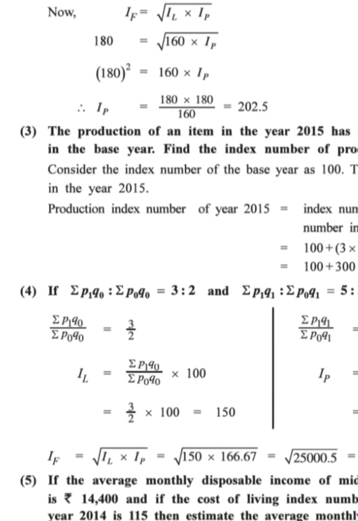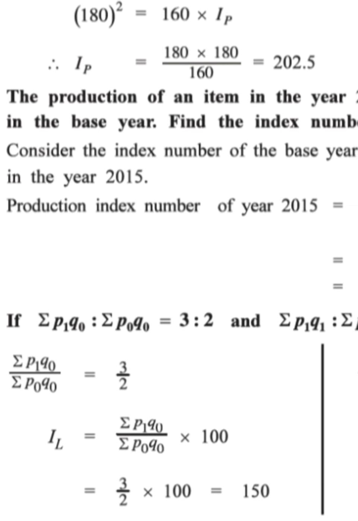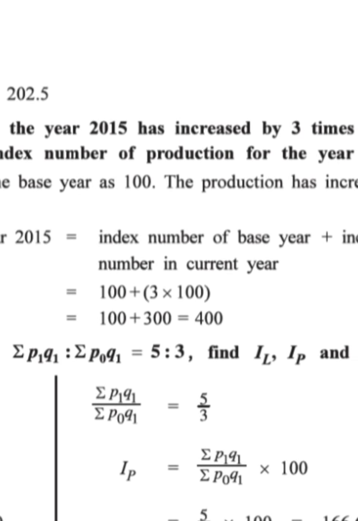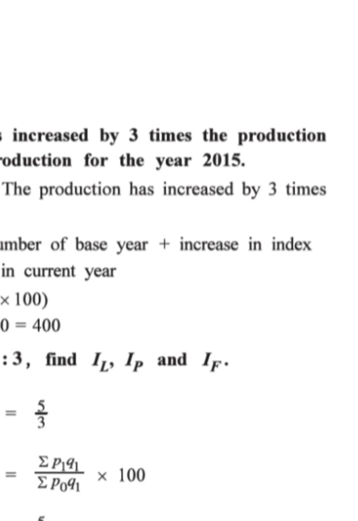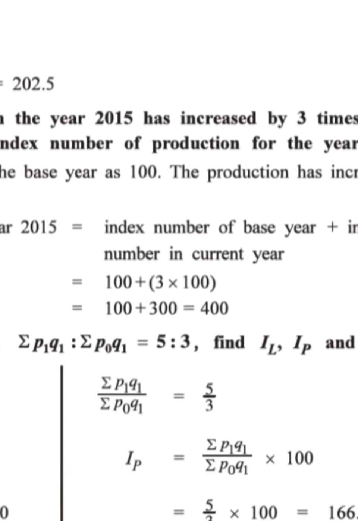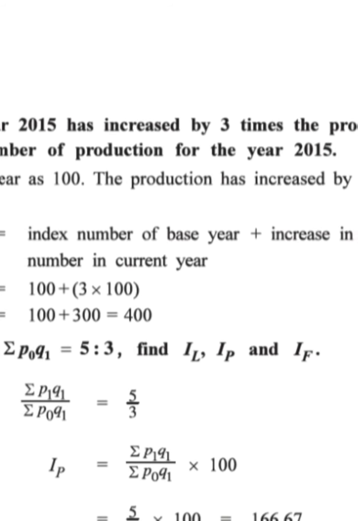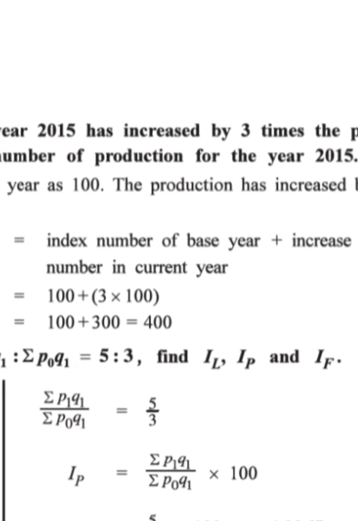To find out the index number for the current year, that is 2015, it would be the index number of the base year plus the increase in the index number in the current year. We don't have the index number of the base year, so we will take it as 100, then we will add the increase in the index number of the current year.